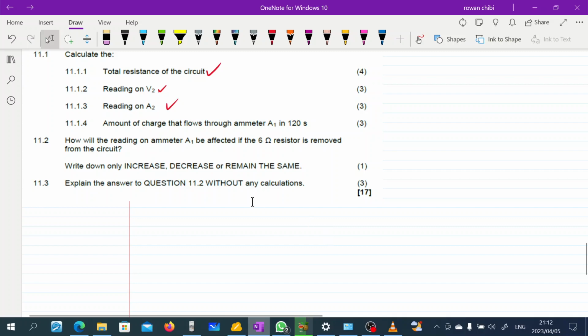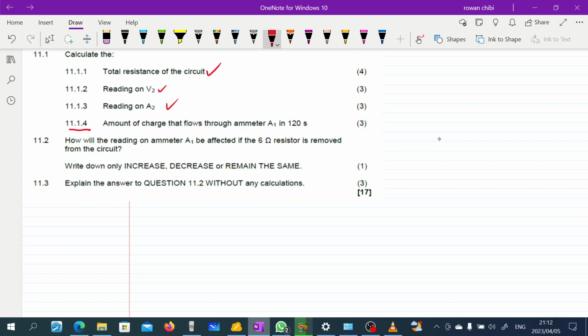Yeah, now let us continue with our question. We're done with 11.1.1 to 11.1.3. Now we're going to 11.1.4.